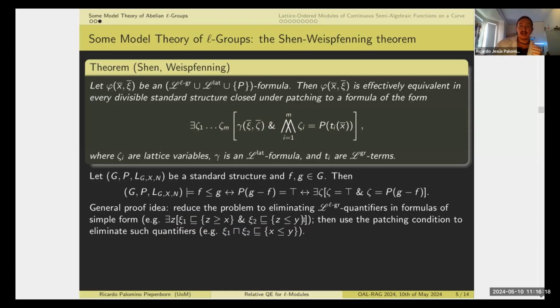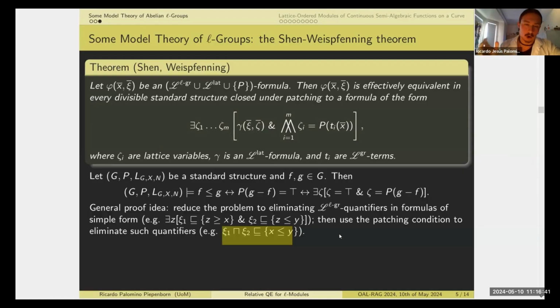So for instance, eliminating this quantifier in a divisible standard structure closed under patching, this formula is equivalent to this one over here, which doesn't have any quantifiers over the L group sort. Yeah. So the patching condition allows you to eliminate quantifiers, and divisibility allows you to make this reduction process.